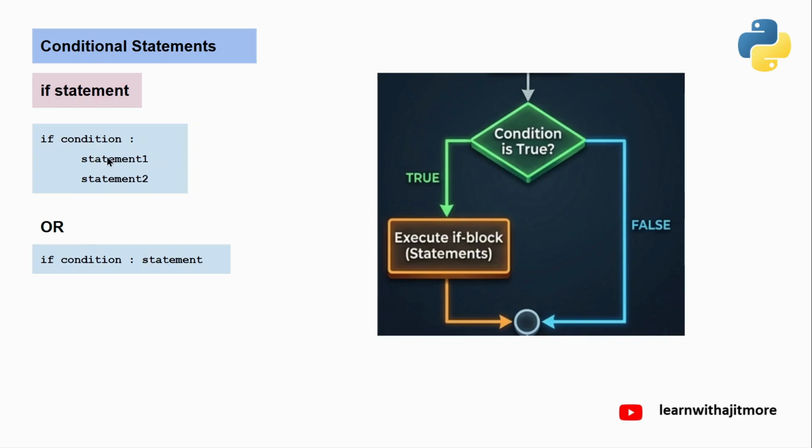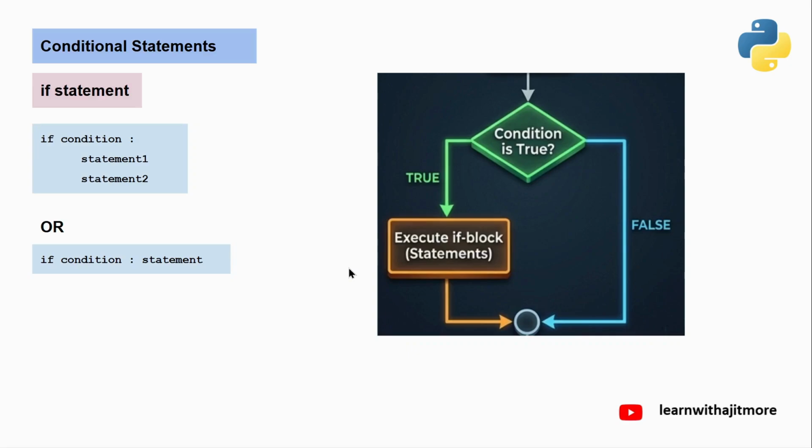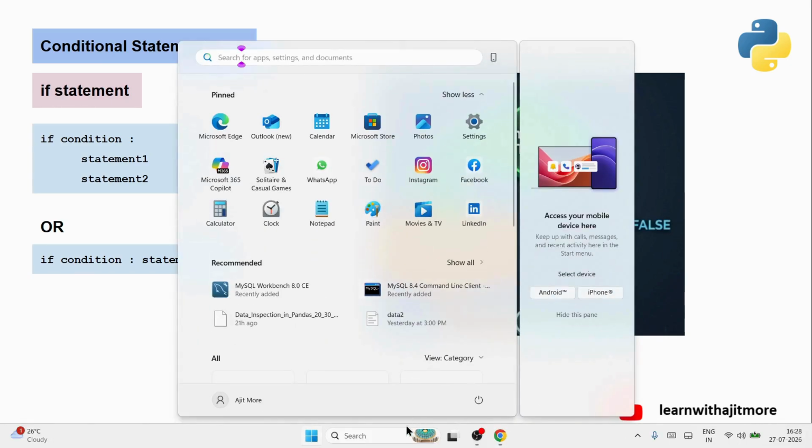And if it is going to perform only one statement, then if you write on the next line, then also okay, or on the same line if you write, then also okay. Okay. Same line when single statement. But if it is going to perform multiple statements, then you have to write on the next line with the same indentation. Correct? I'm coming to the example, don't worry. It will be more clear to you once I take an example.